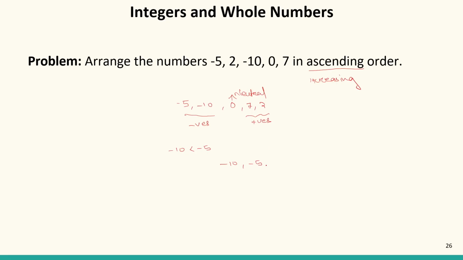Then 0 must come here because it is neutral. All we are left with is positive numbers. Between the positive numbers 7 and 2, which is greater? We know that 2 is lesser than 7, so 2 must come first, then 7. So this is the final ascending order of the given numbers.